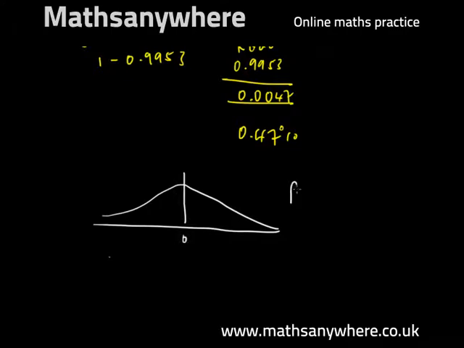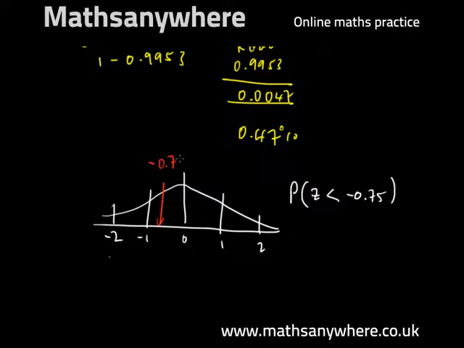So what is the probability of an outcome being less than minus 0.75? So there's 1 standard deviation either side. Stick another one on there, why not? Minus 2, 2. We're looking at this point here, minus 0.75. So we want this area here.